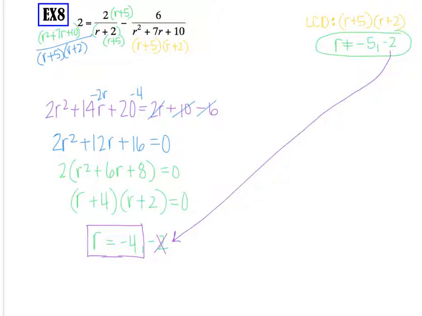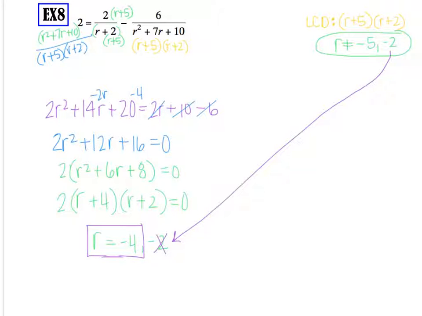So I took that 2 out, and I was left with r squared plus 6r plus 8. Now, this 2 is no longer relevant because 2 can't be 0, so I don't really need it to solve for r. Like I said, most of these can be solved by factoring.